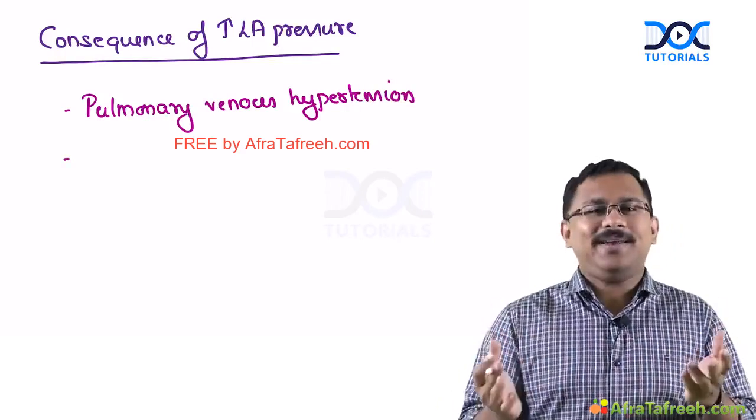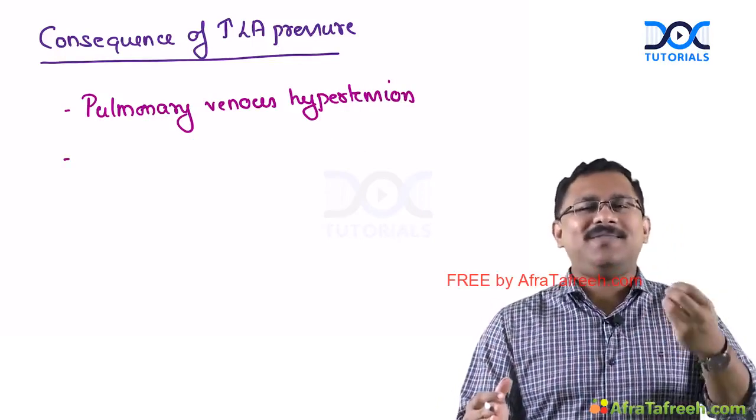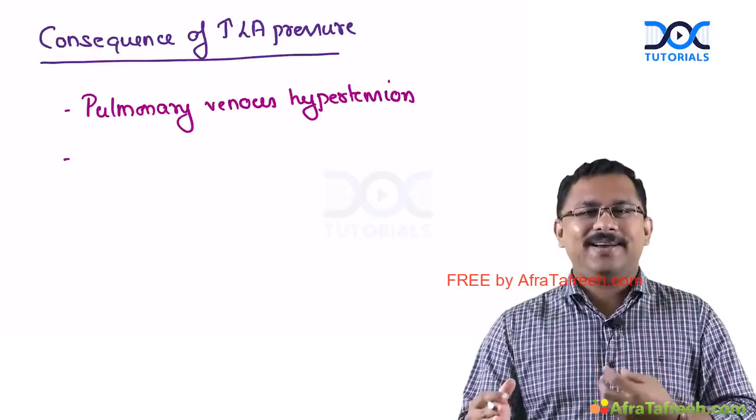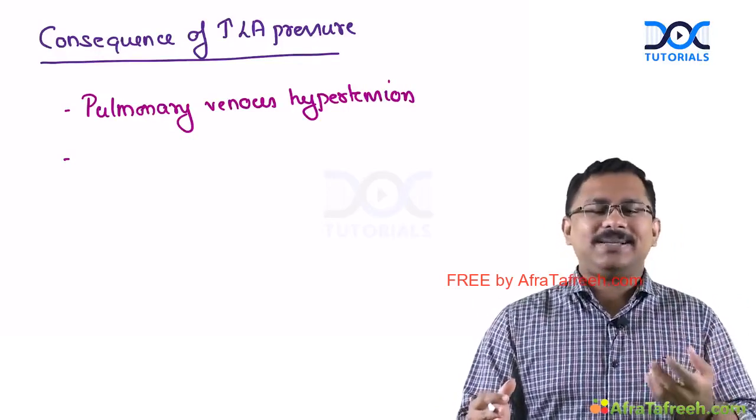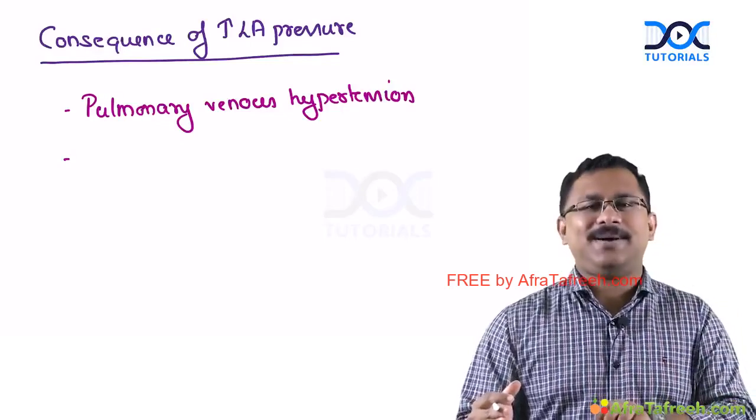So why is there a pulmonary venous hypertension? You see, the pulmonary veins are draining into the left atrium, and obviously when the LA pressure increases, there can be pulmonary venous hypertension.